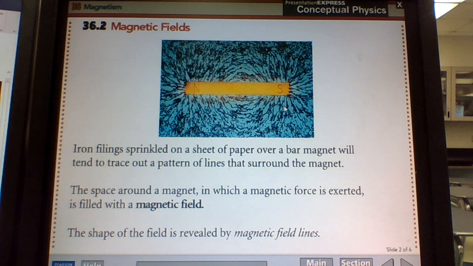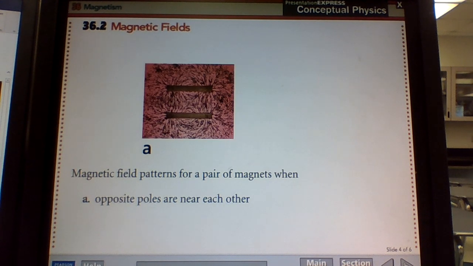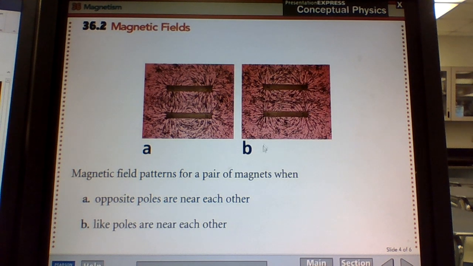Again, we would want them to be vectors. We would want to put arrows on them, again, flowing from the north toward the south. And so magnetic field lines spread out from one pole, curve around the magnet, and return to the other pole.